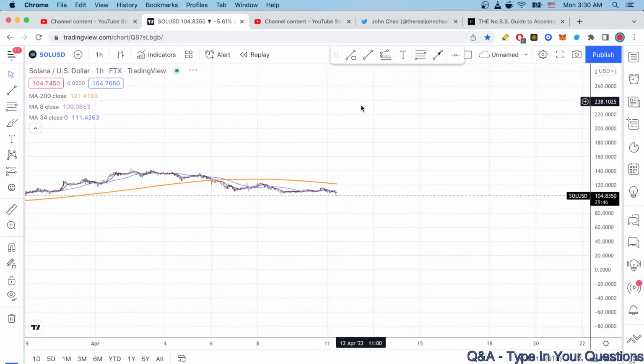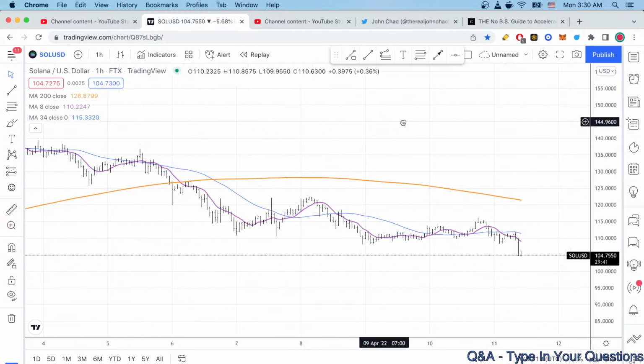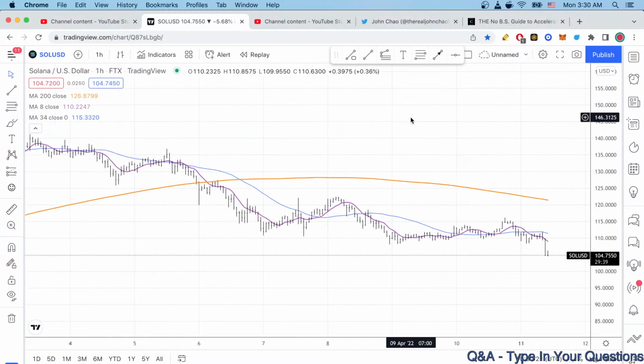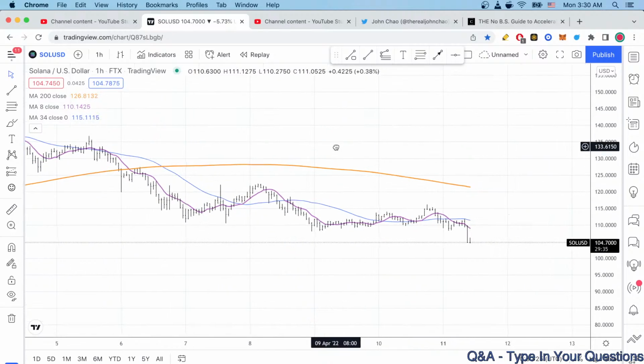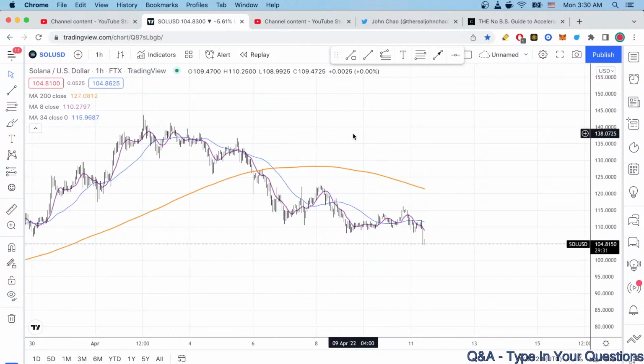But since then, it's started to trade to the downside, with a series of lower highs and lower lows below that 200 moving average. So you can do the same type of work that I just did with Harmony 1. You can look for some pullbacks to the upside, right? And look for pockets of symmetry resistance.